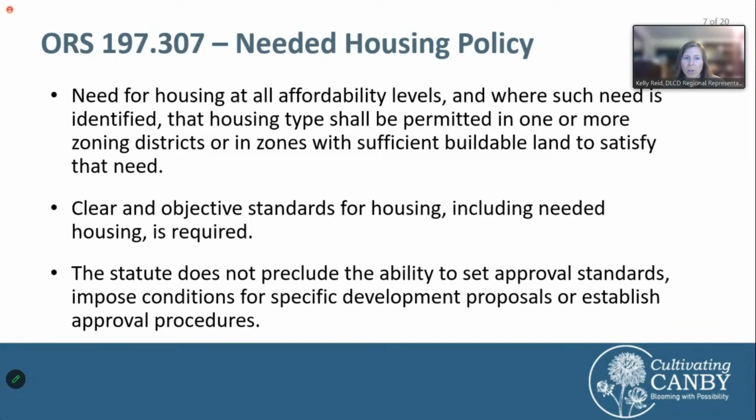But I will also say that the reason for the statute is that it's supposed to guard against cities blocking the development of housing for aesthetic purposes, or because folks say that it's not compatible with the neighborhood, which has happened a lot more in the past and has led to a lot of segregation and lack of affordable housing.